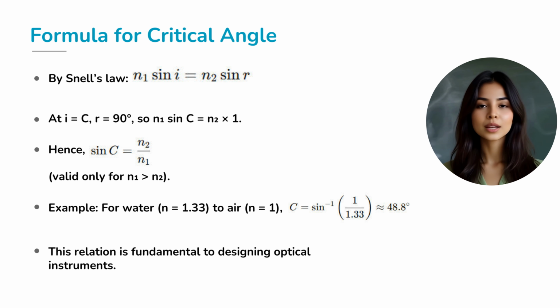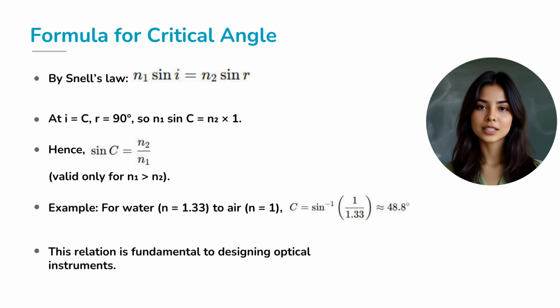Let us now derive the relation for the critical angle step by step. According to Snell's law, refractive index of denser medium, N1, times sin I equals refractive index of rarer medium, N2, times sin R. At the critical angle, I equals C and R equals 90 degrees. So, N1 sin C equals N2 multiplied by sin 90, which is just 1.